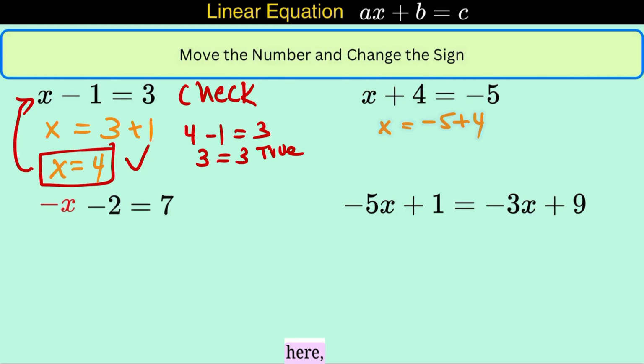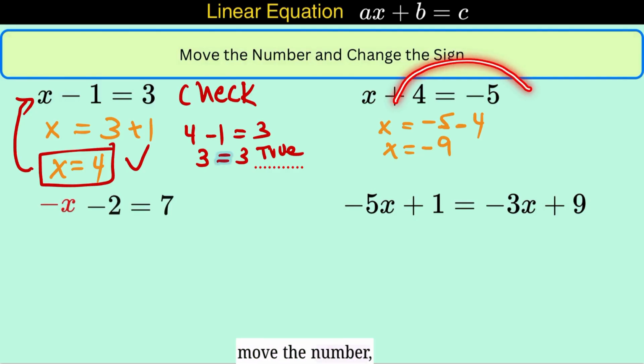So here x equals... okay, see here, it's actually negative because I changed the sign. So negative 4. So negative 5 minus 4 gives me negative 9. Remember, move the number, then change the sign.